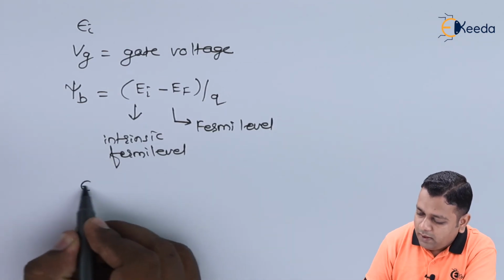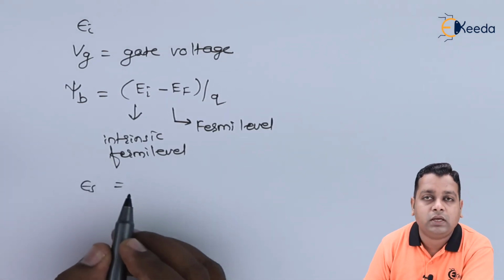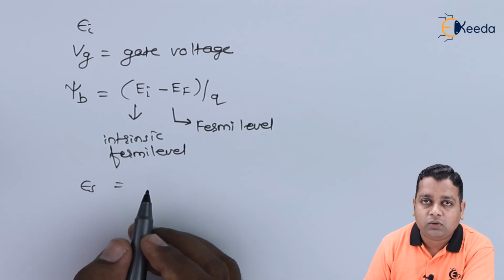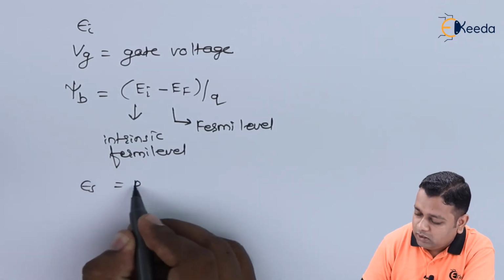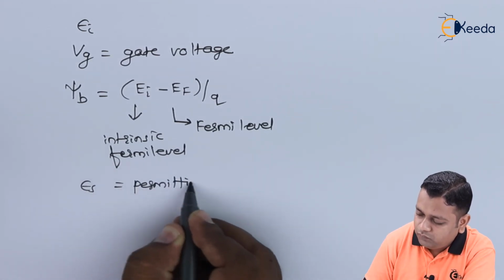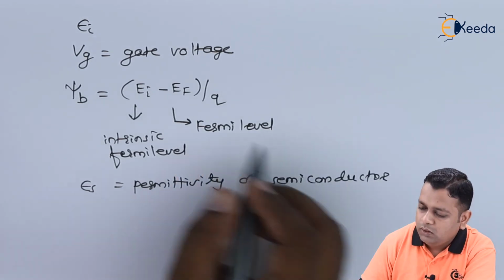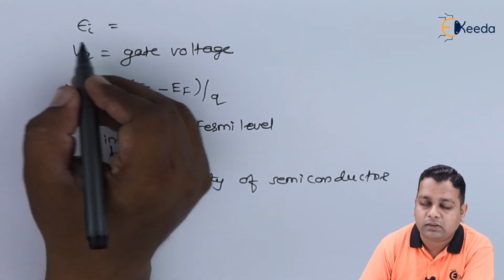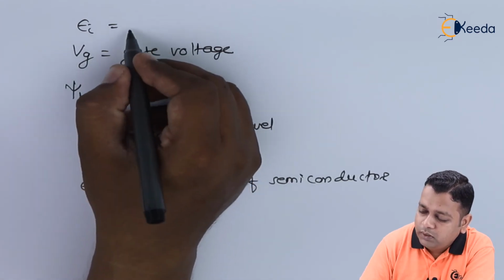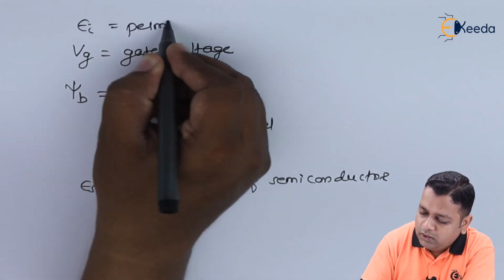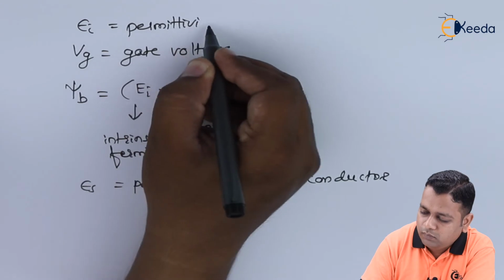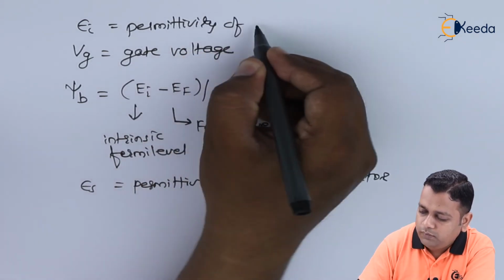Now here we have epsilon suffix s to be the dielectric constant or the permittivity of the semiconductor here. Whereas epsilon suffix I, as we have discussed before, is the permittivity of the insulator.